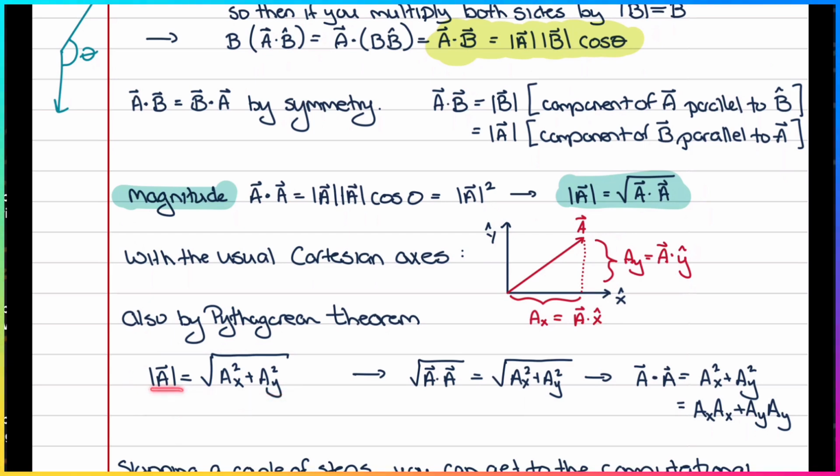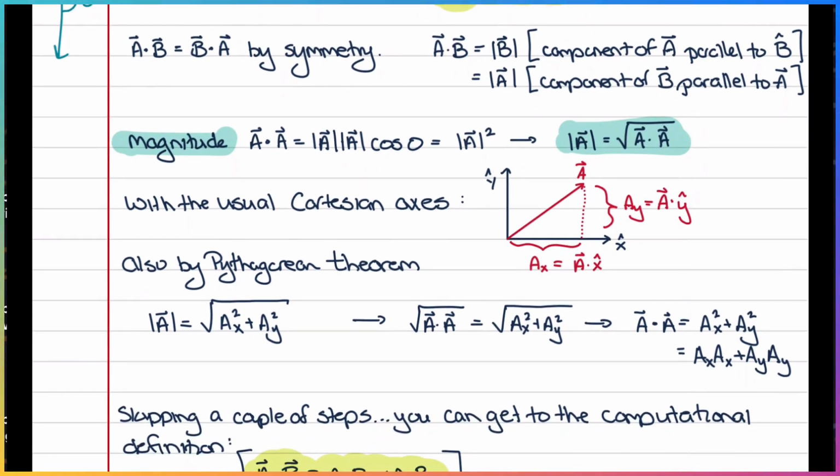Since the magnitude is the square root of the dot product, then this must be the case. Or if I square both sides, A dotted with itself is just going to be ax squared plus ay squared. I take the individual components and square them and add them together, which I'm getting from the Pythagorean theorem. So this looks like what you are probably familiar with, where if I do A dot A, I multiply the x components together, and add to that the y components multiplied together.